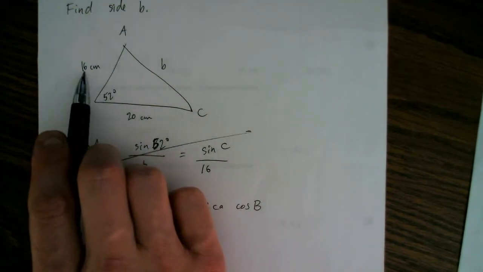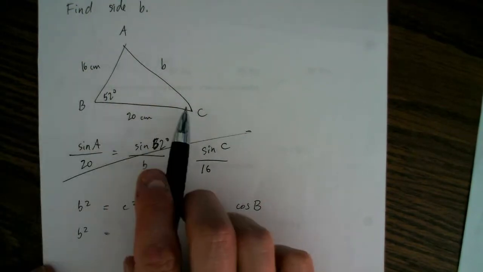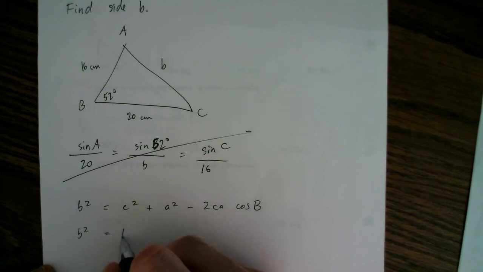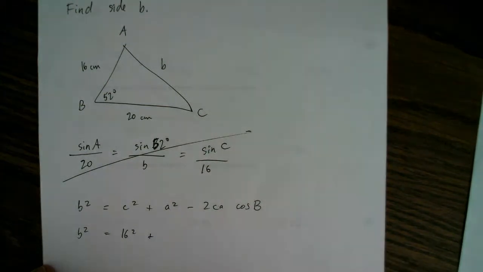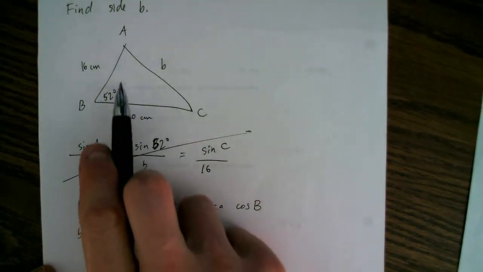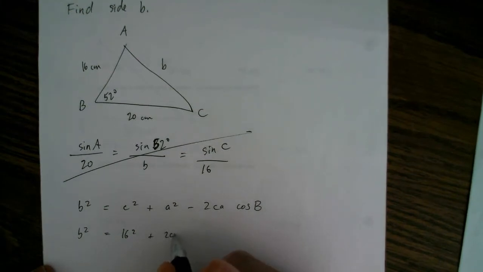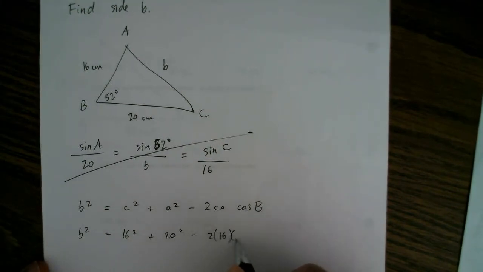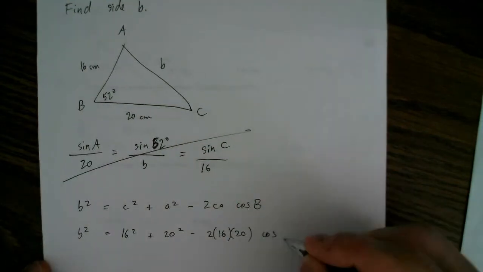Small c is the side across from angle C, remember? Side A is across from angle A. And we have angle B.